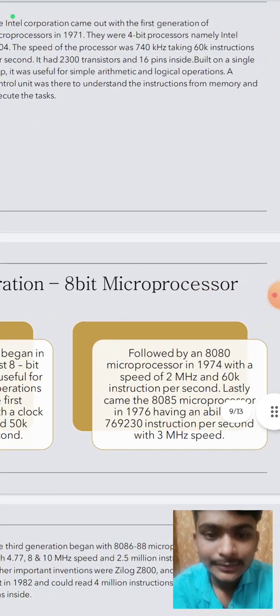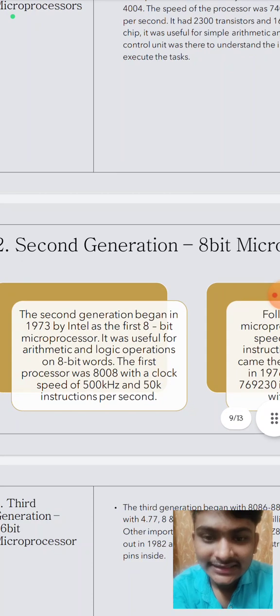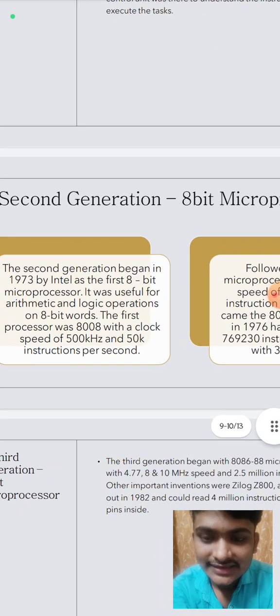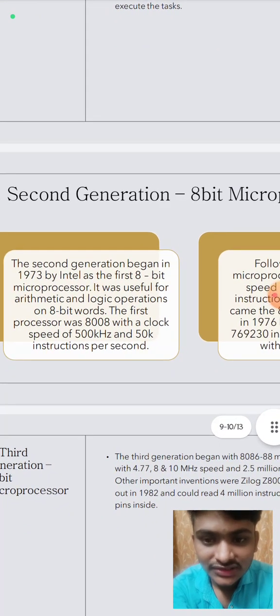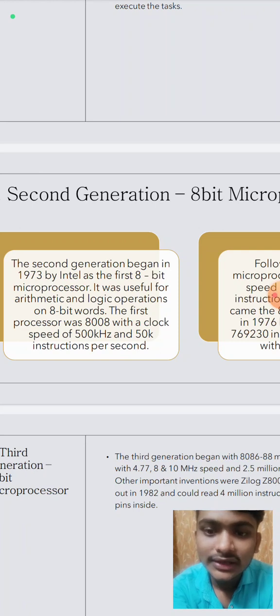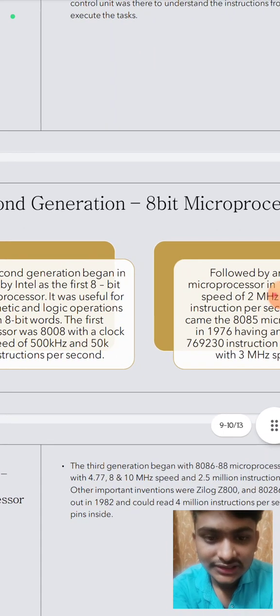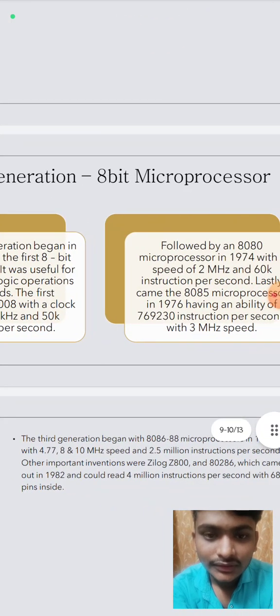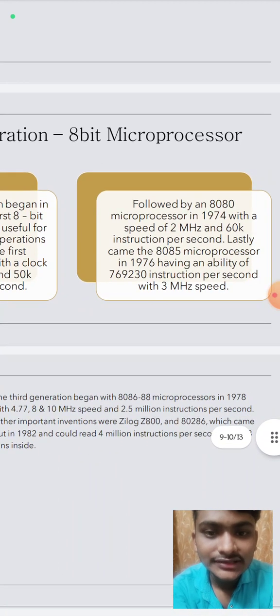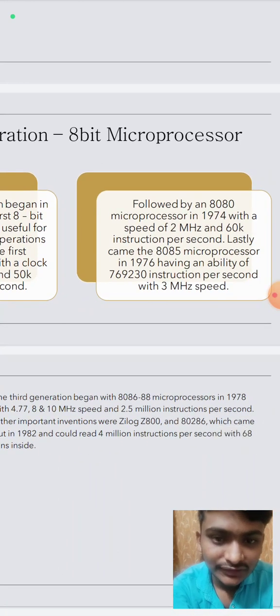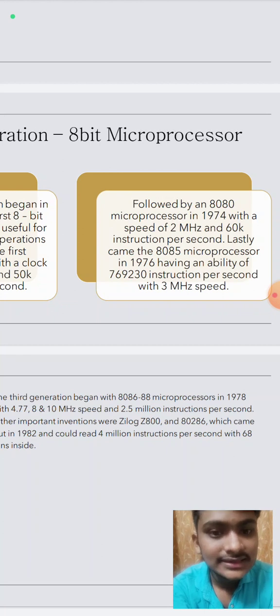Second generation, 8-bit microprocessor. The second generation began in 1973 by Intel as the first 8-bit microprocessor. It was useful for arithmetic and logical operations on 8 bits. The first processor was the 8008 with a clock speed of 500 kilohertz and 50k instructions per second, followed by the 8080 microprocessor in 1974 with a speed of 2 megahertz and 60k instructions per second.